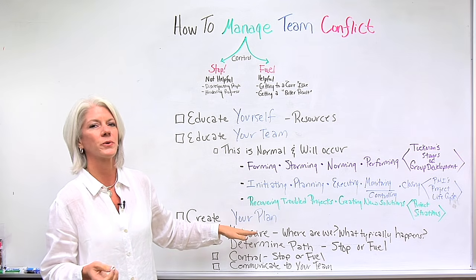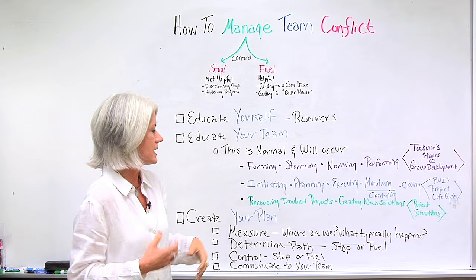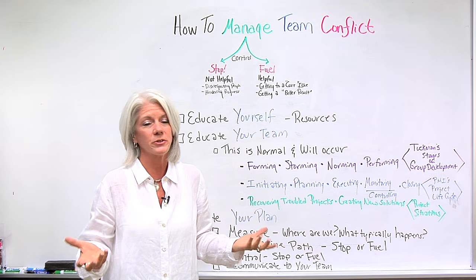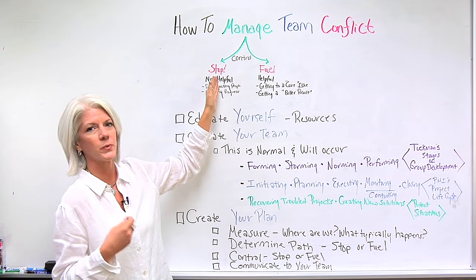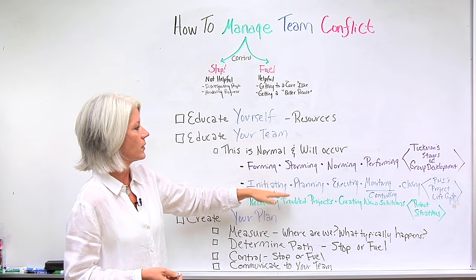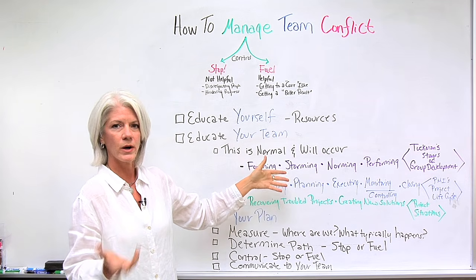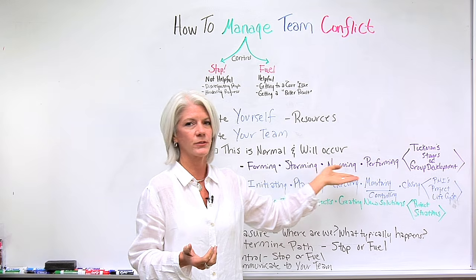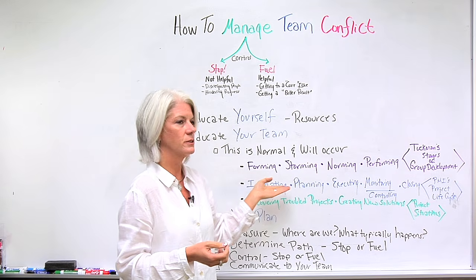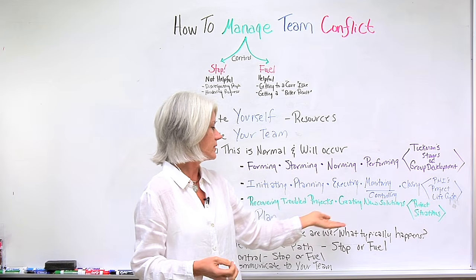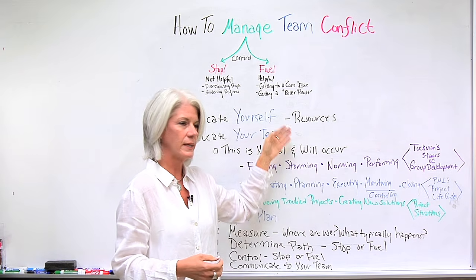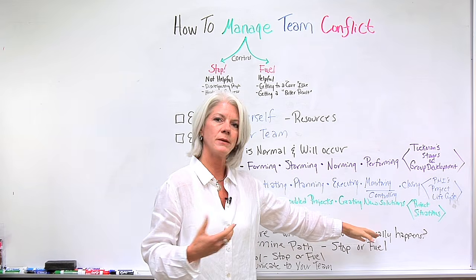And we know, they say in order to control something, you've got to measure it. So what are we measuring? If we're measuring something to know whether we're going to stop it or fuel it, we have to know certain things, like where are we? Are we in a certain phase of group development? Are we in a certain stage of the project? Are we encountering certain scenarios? So knowing where we are in these and what typically happens.